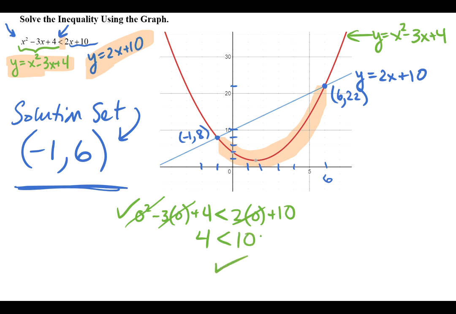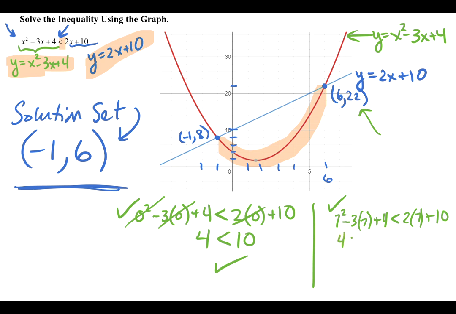If you want, you could also check a value on either side to make sure that it is truly not a solution. So for instance, a value that would be outside on the right side would be an x value of 7. So if I plug it in, 7 squared minus 3 times 7 plus 4 is less than 2 times 7 plus 10, this should be a false statement because it's outside of my solution set.